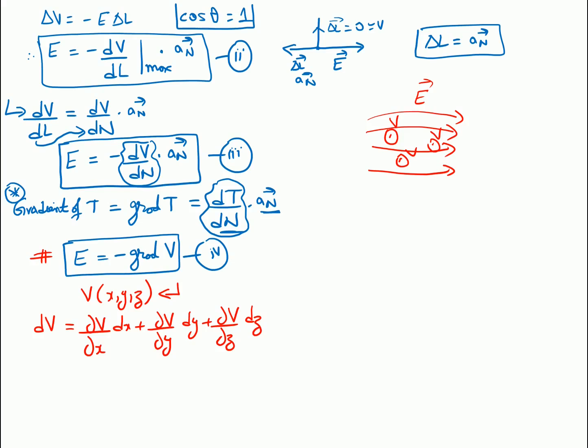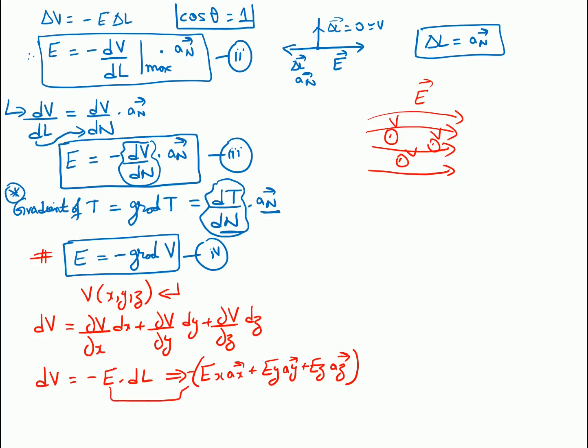Similarly, we also note that the small voltage dV is written in terms of the electric field and dL, the small distance, where E is the scalar component along a_x plus the scalar component along a_y plus the scalar component along a_z, multiplied with dL.